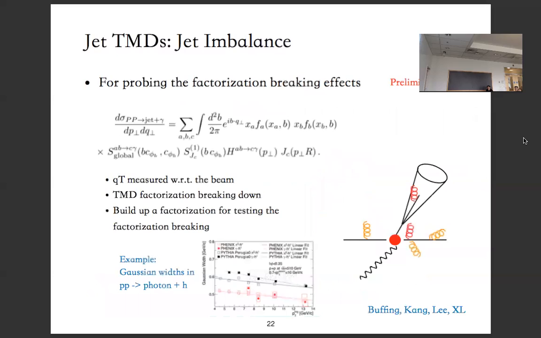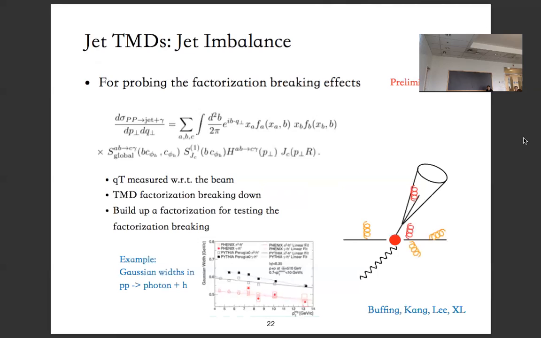Then we'll very quickly go through the so-called global jet, the jet imbalance or the global jet TMD. Global means that you're basically sensitive to the soft radiations all over the event. Here we are talking about, for instance, the imbalance between the photon and the jet production, and people are saying that the factorization is breaking down, and there is no way you can write down a factorization theorem.